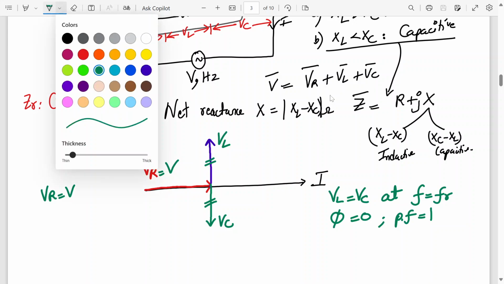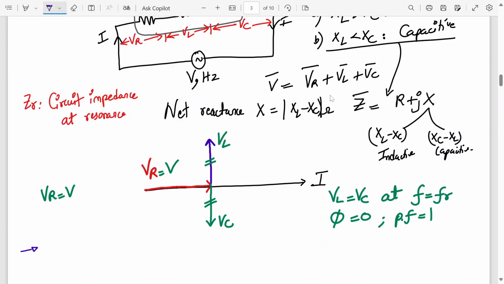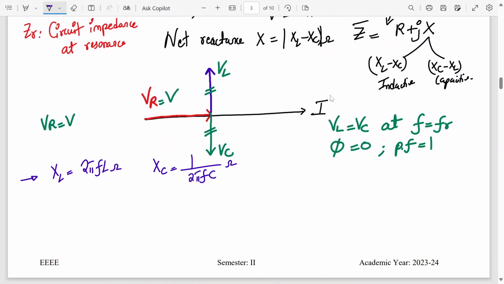Now tell me, we are building on the concepts. So next concept is, how much is XL? 2 pi FL ohms. How much is XC? 1 upon 2 pi FC ohms. So what is XL called? Inductive reactance, right?